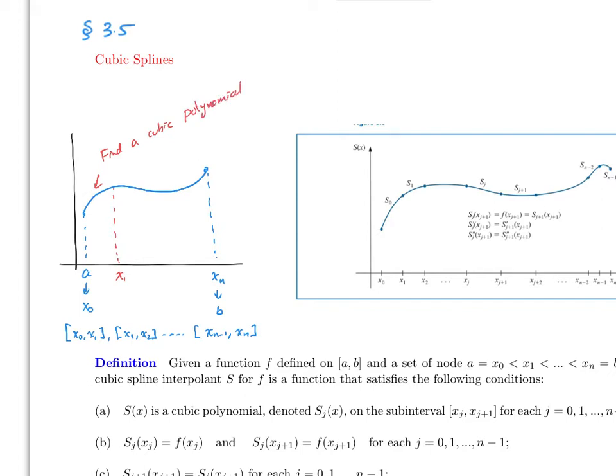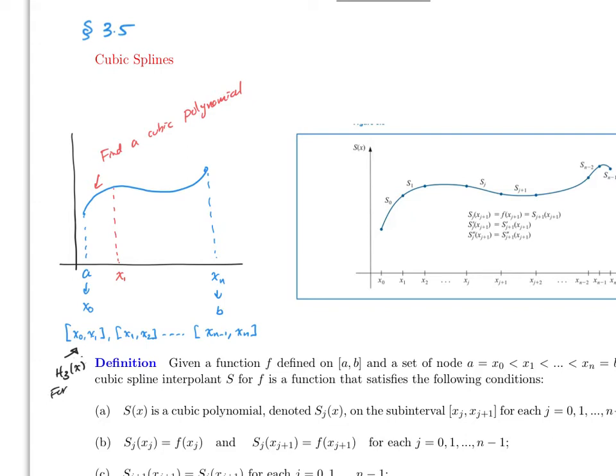Now in theory, based on the topic from last section, from 3.4, you can technically find Hermite polynomials. Actually, let me be more specific. It will be easy to find h3 in each interval.